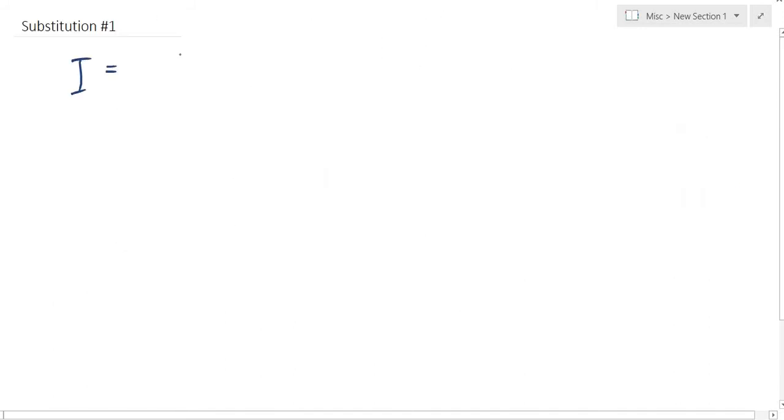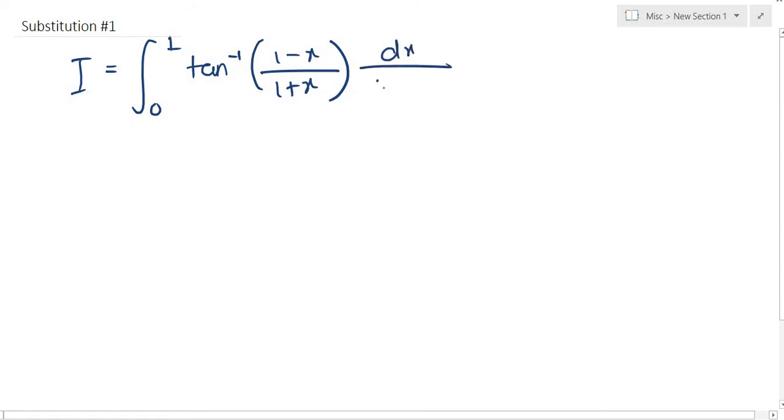So we simplify our integral to the integral from 0 to 1 of the inverse tangent of (1 minus x) over (1 plus x), times dx over 1 minus x squared.